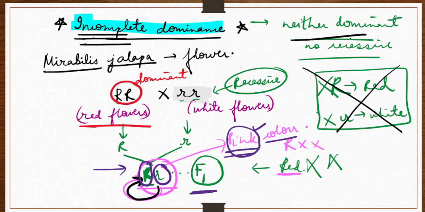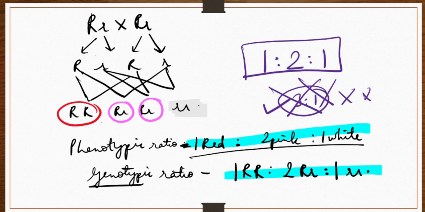Neither dominant expressed nor recessive. Okay, so in F1 all are pink. This is important. In F1 all are pink, and hence we got the ratio as 1 is to 2 is to 1. So this is about incomplete dominance.